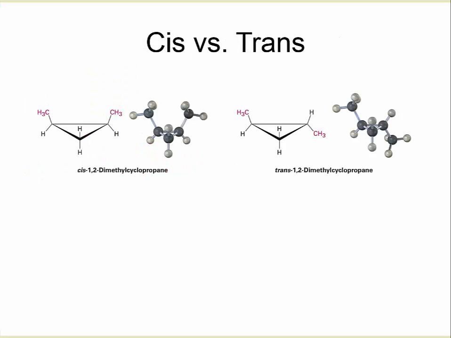Because of the limited rotation around the carbon-carbon bonds of a cycloalkane, we have the possibility of geometric isomers. If the substituents are on the same side of the ring, they are referred to as cis. If they are on opposite sides of the ring, they're referred to as trans. Cis and trans isomers are geometric isomers.